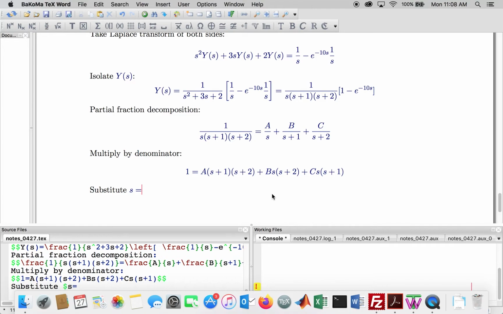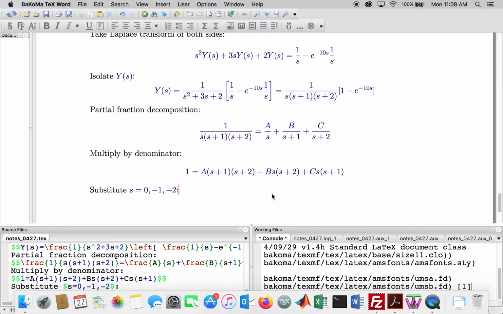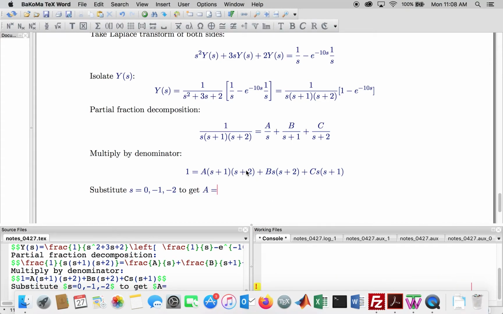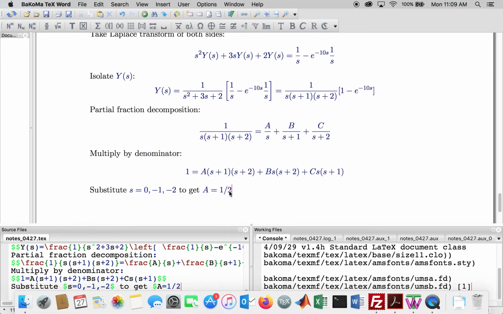So we can substitute in 0 and minus 1 and minus 2. And what do we get for our constants? If we plug in s equals 0, that wipes out these two terms. So I get 1 is equal to A times 1 times 2. So A turns out to be equal to 1/2.